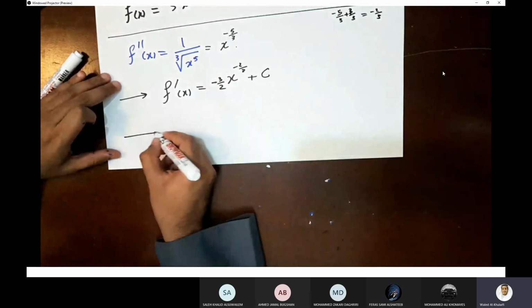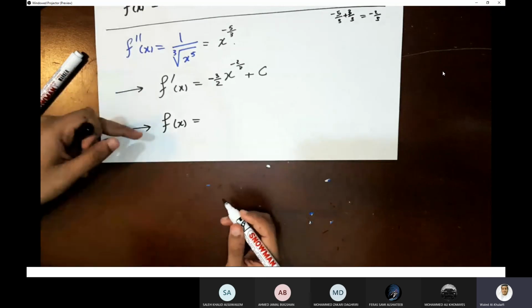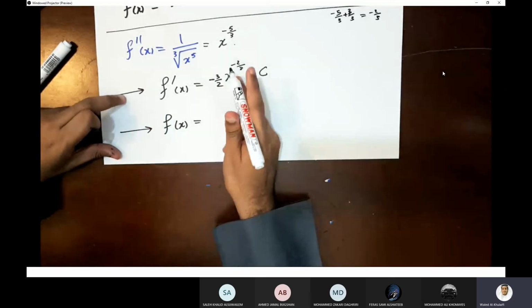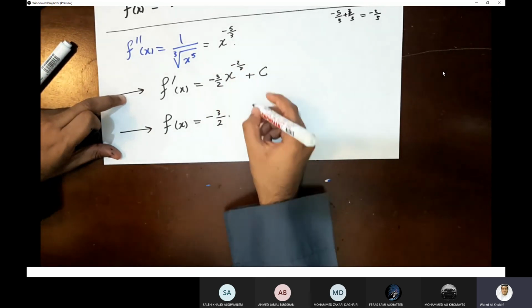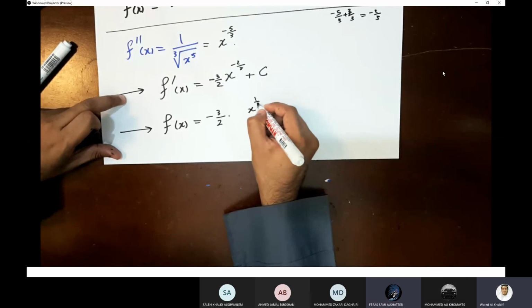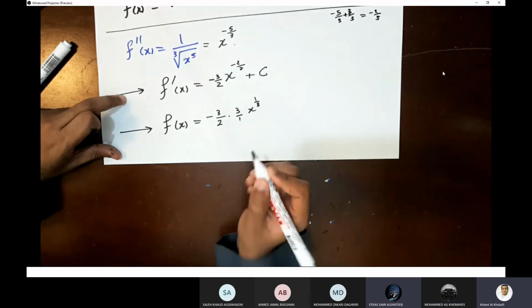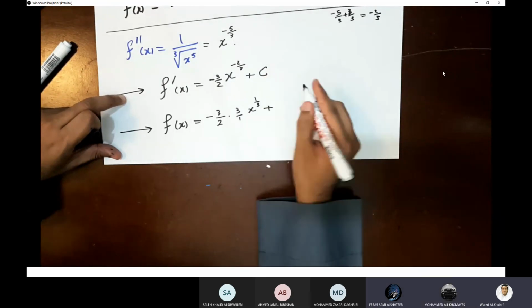طيب, now let's go antiderivative again. The antiderivative of this one will be the original function. So what is the antiderivative of this? Minus 3 over 2 times x to the power 1 over 3, 1 over 3 times 3. Plus what is the antiderivative of C?